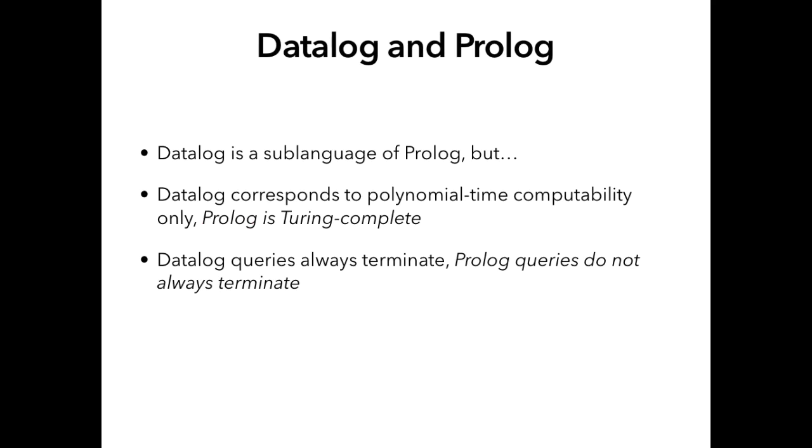One more thing, we know that Datalog queries always terminate. But we know that if we want to go for Turing completeness, we must be able to express algorithms that do not always terminate, because Turing machines do not always halt. And in fact, while Datalog queries always terminate, Prolog queries do not always terminate. Of course, that's a source of frustration sometimes, but that's what you pay for having full Turing power.